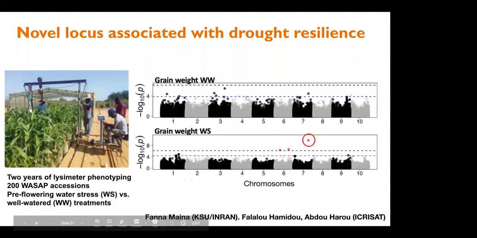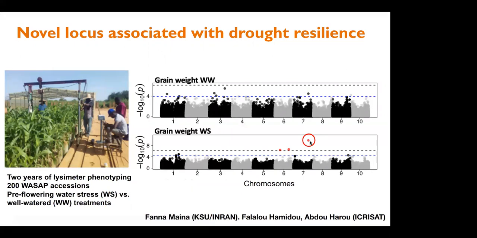Fauna, using the data from her collaborative experiments with Falalu at ICRISAT, has identified what appears to be a novel drought resilience locus, along with potentially a novel drought resilience mechanism, based on 2 years of lysimeter phenotyping of 200 WASOP accessions under managed stress.